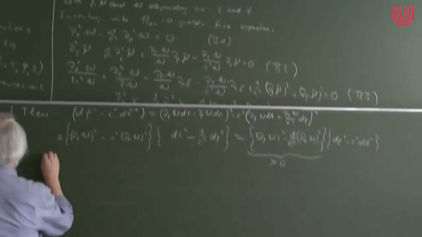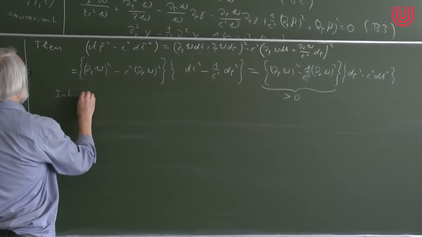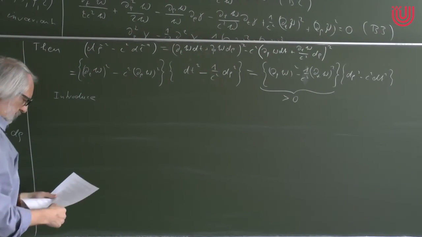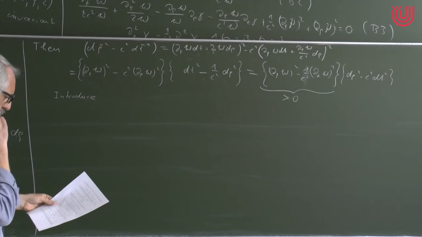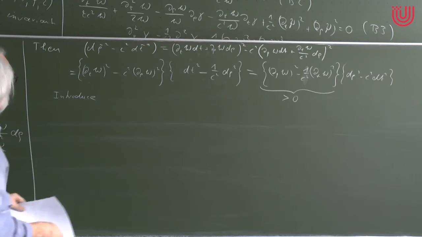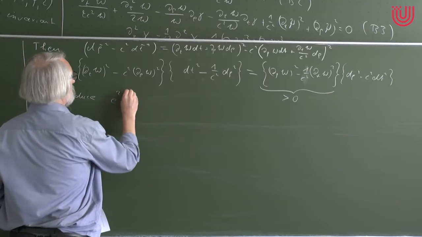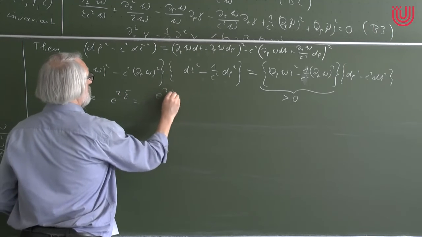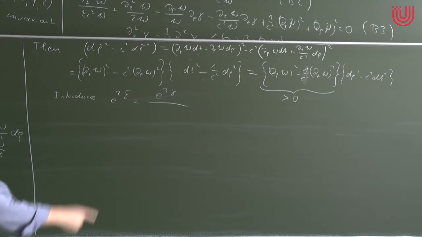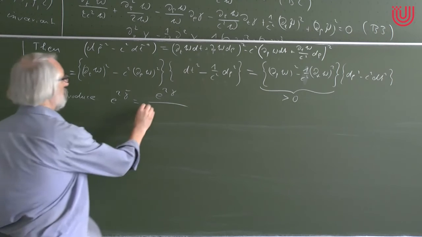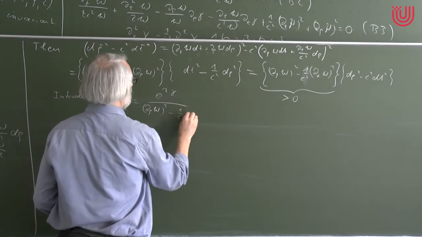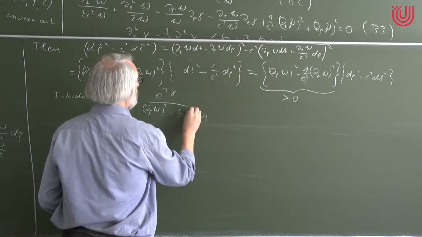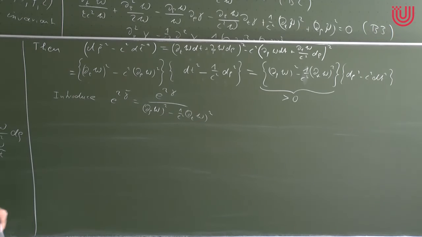So I introduce, I call it gamma tilde and psi tilde, I think. Well, I have to introduce it in only one term, say in the gamma. E to the 2 gamma tilde is e to the 2 gamma divided by this term, which is non-zero, d rho tilde squared minus 1 over c squared dt tilde squared.